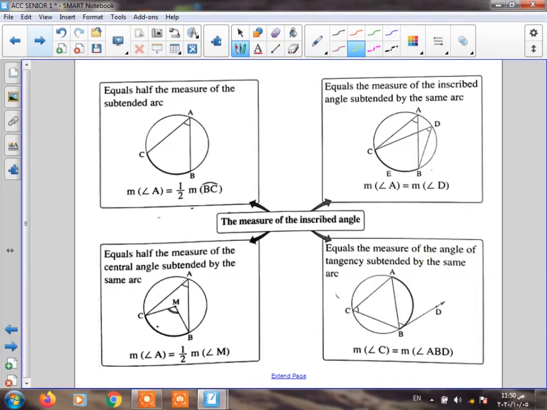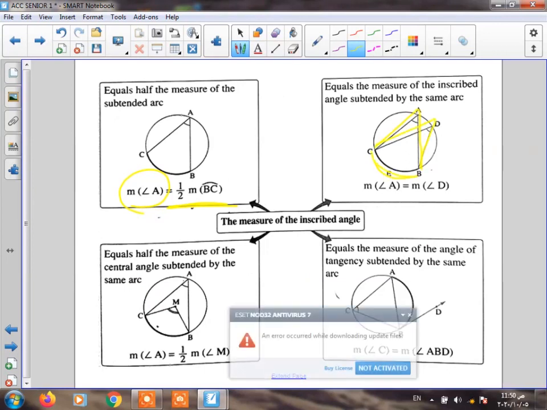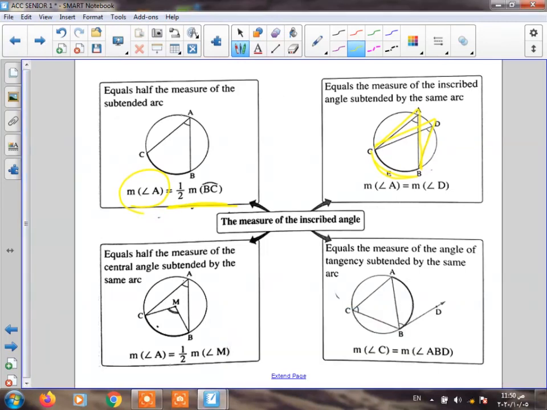Okay. Now again, the measure of the inscribed angle equals half the arc. And if I have two inscribed angles subtended by the same arc, by logic they will be equal in measure. Here I have the relation between the inscribed angle and the central angle: it's clear that the inscribed equals half the central, or the central equals double the inscribed.